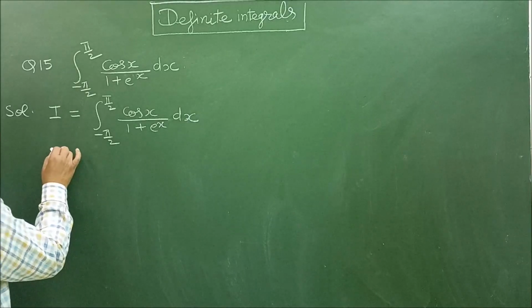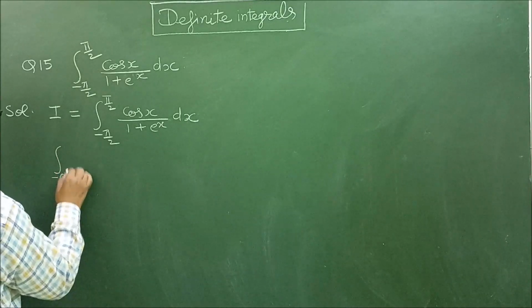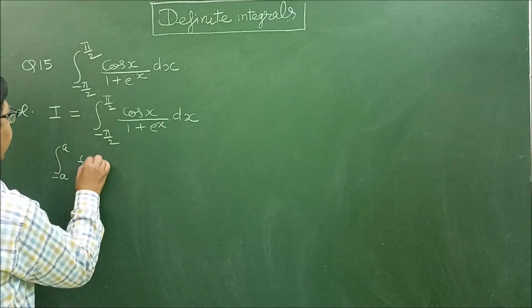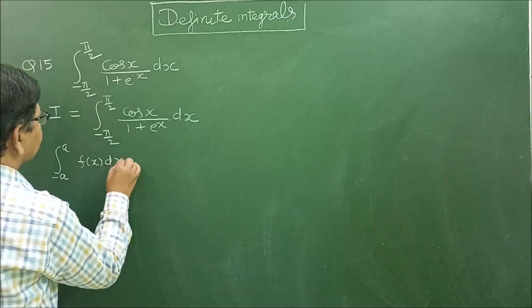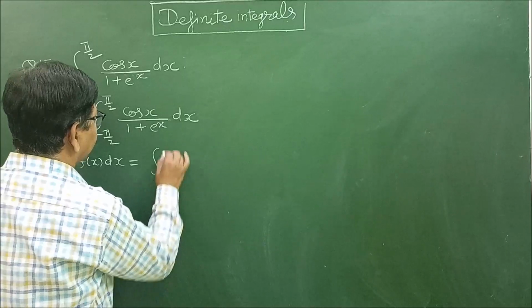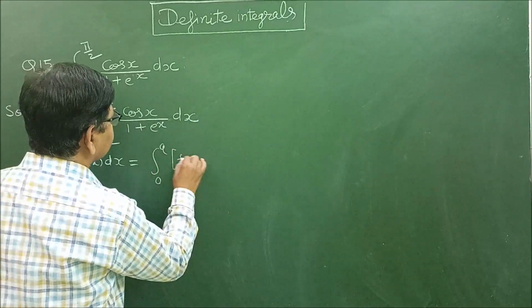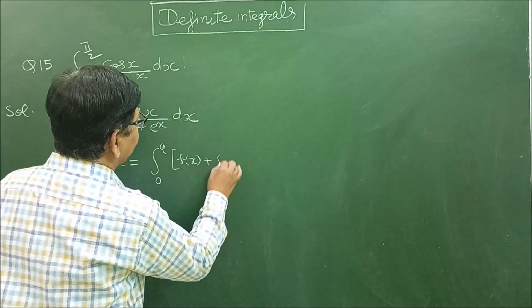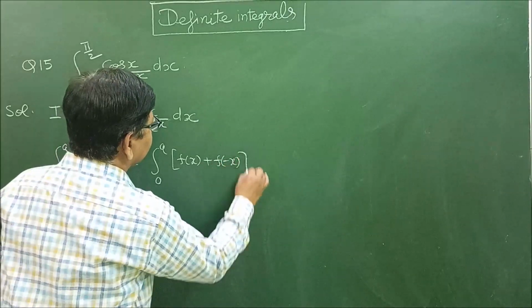Now recalling the property: the integral from minus a to a of f(x) dx is equal to the integral from 0 to a of [f(x) + f(minus x)] dx.